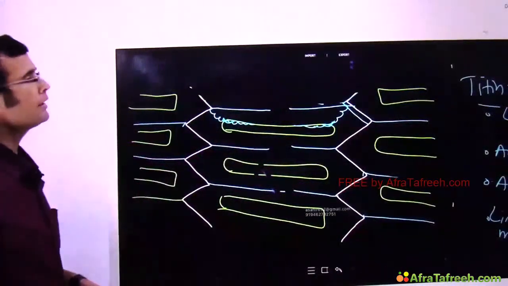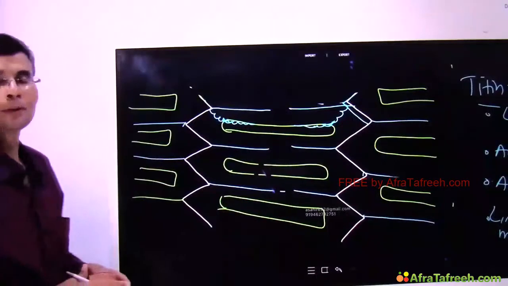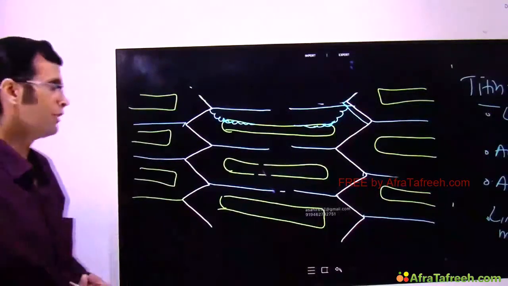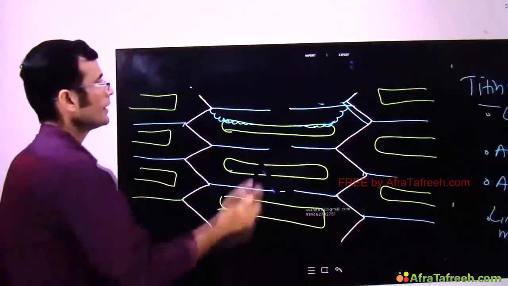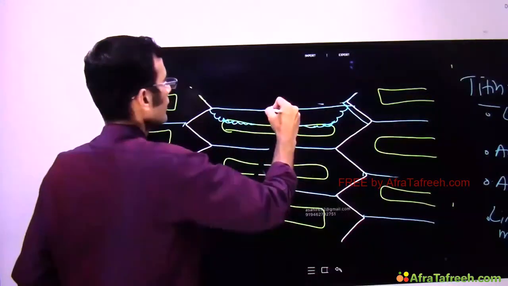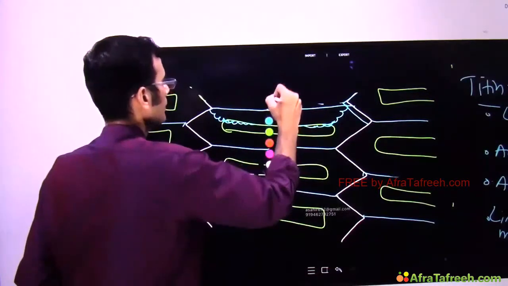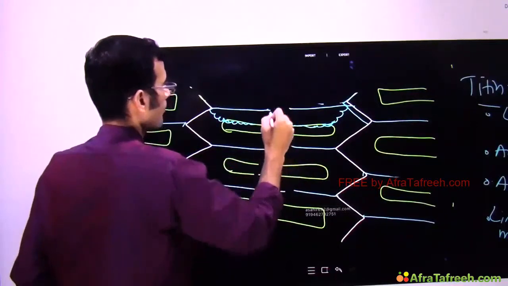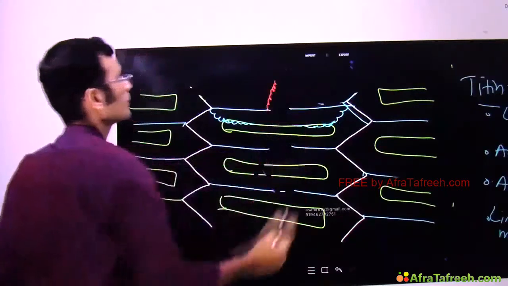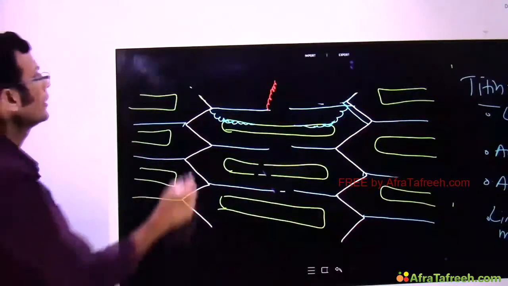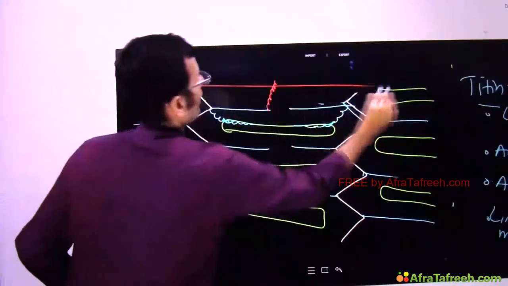Another muscle protein which should be known is dystrophin. What's the function of dystrophin? See, dystrophin is linked to the thin filament, starting from the thin filament, and it reaches the sarcolemma.